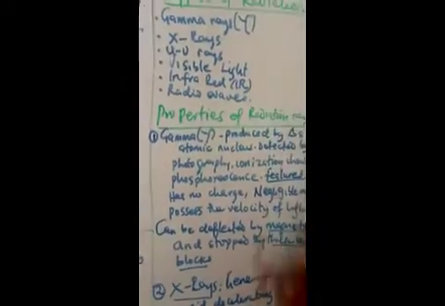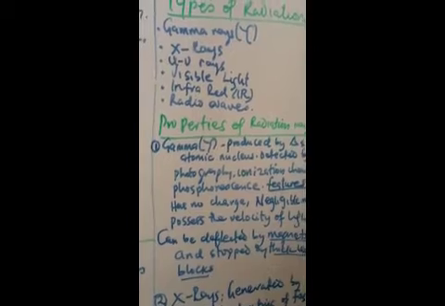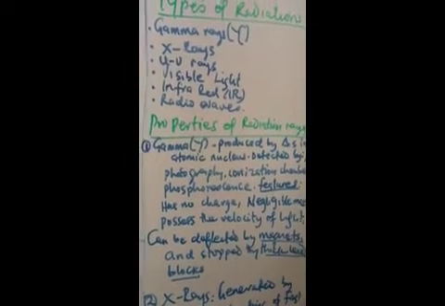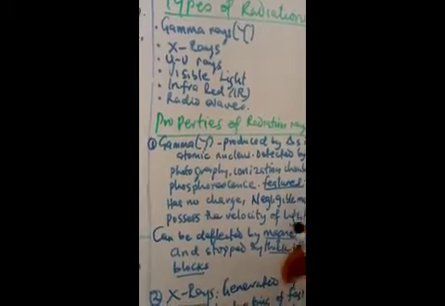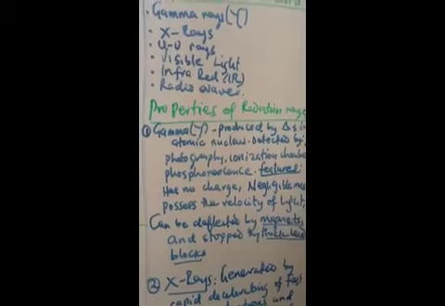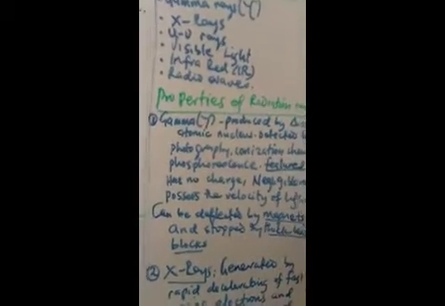All these modern non-heat producing bulbs are generally called discharge tubes. A typical example is those long fluorescent tubes. They can be detected by photography, ionization chamber, and phosphorescence.